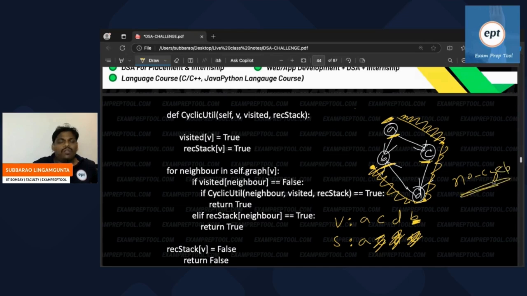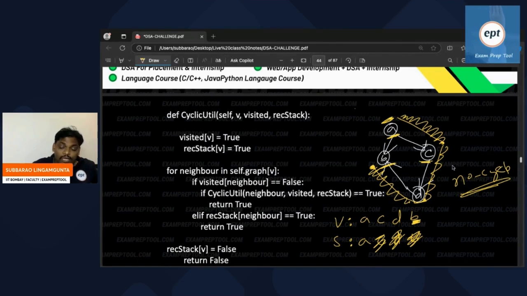So I want to say one important thing. Widgeting the person who already widgeted doesn't mean that cycle. At that time, he should be there in the stack also. If he is not there in the stack, even though you are going back to the old person, it doesn't mean a cycle.